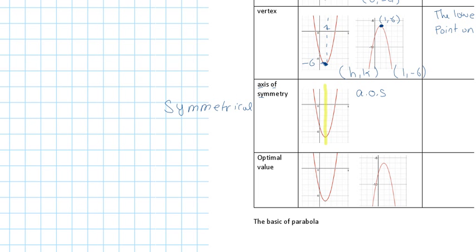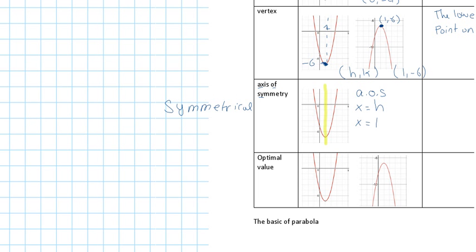So the axis of symmetry is x equals, right, because it's a vertical line, so it has an equation of x equals. And what letter represents the x value of the vertex? The h. So it's going to be x equals h. In this example, the axis of symmetry is going to be x equals 1.